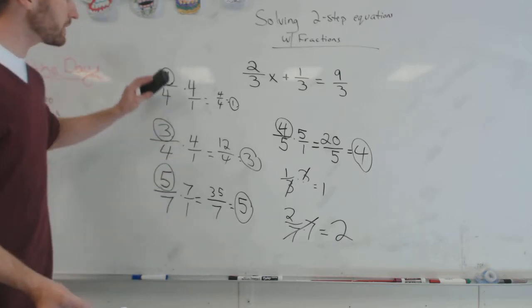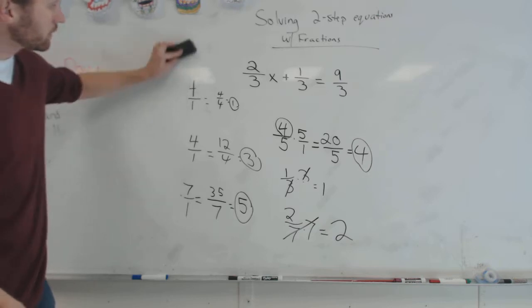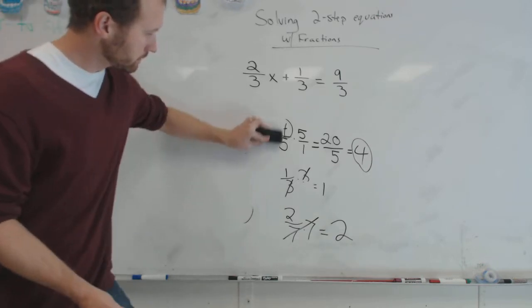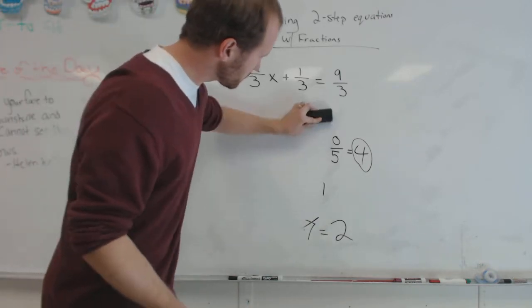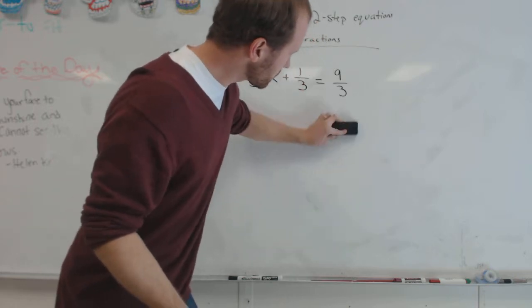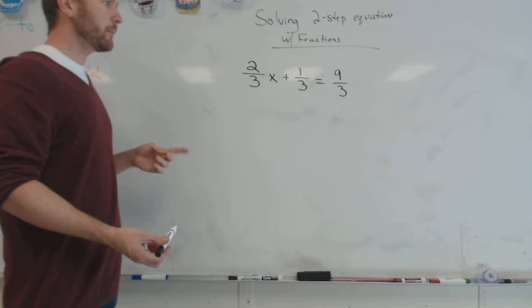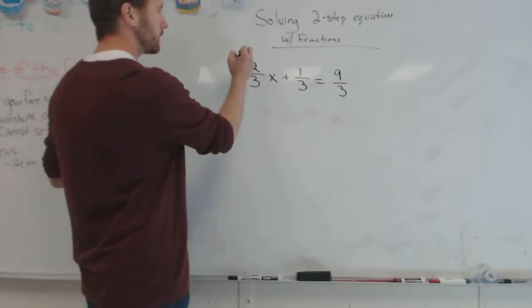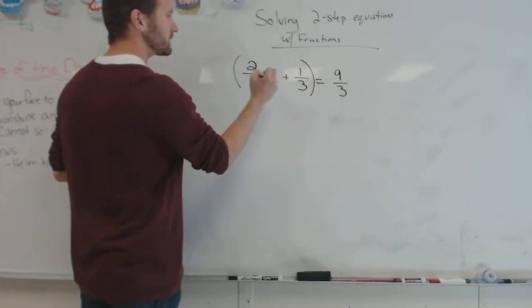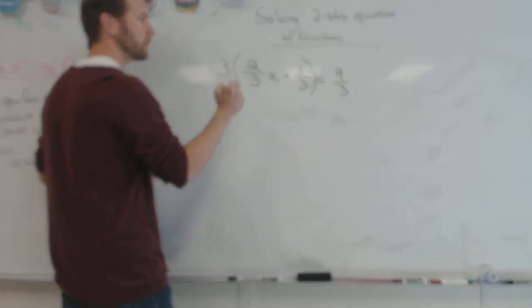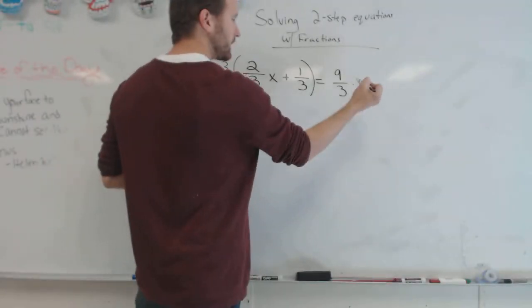So let's think about what I could do up here. What can I do with these? I'm going to multiply by 3. I'm going to multiply this side of the equation times 3, and I'm going to multiply this side times 3.